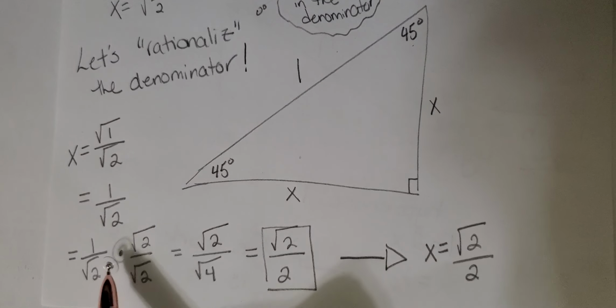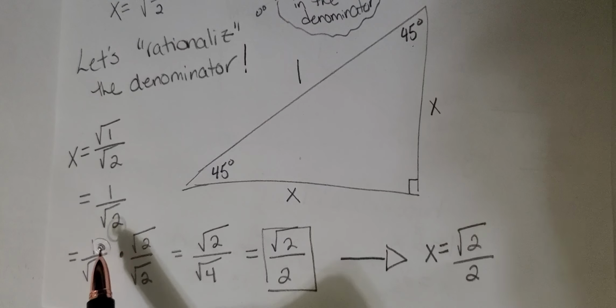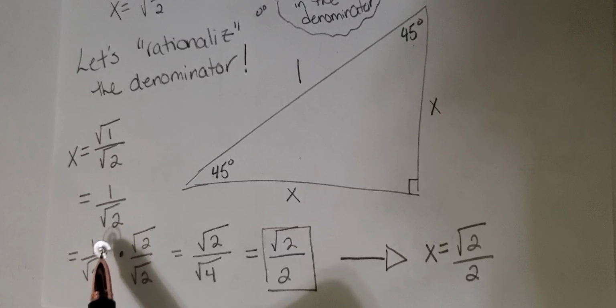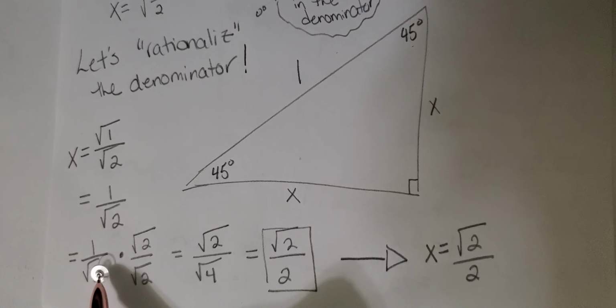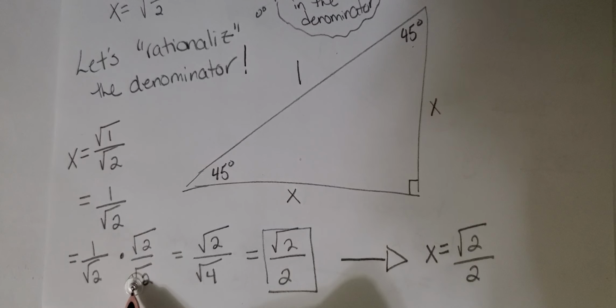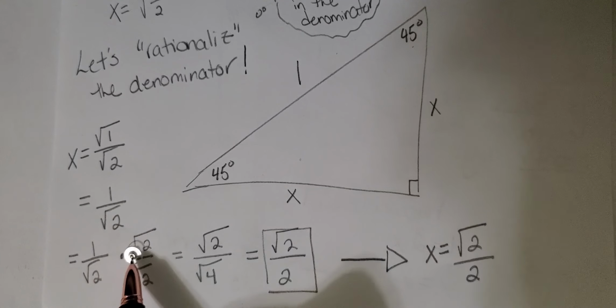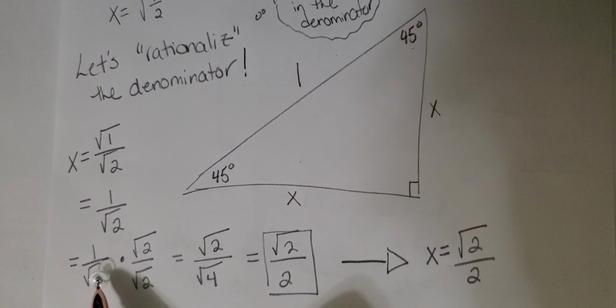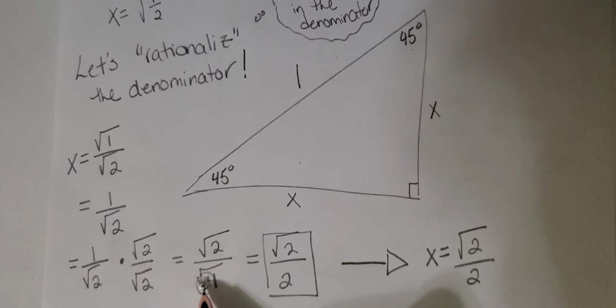The way to do that is to multiply both the numerator and denominator by the denominator. So that means we're going to multiply 1 and radical 2 both by radical 2. Well, 1 times radical 2 will give you radical 2, and radical 2 times radical 2 will give you radical 4.